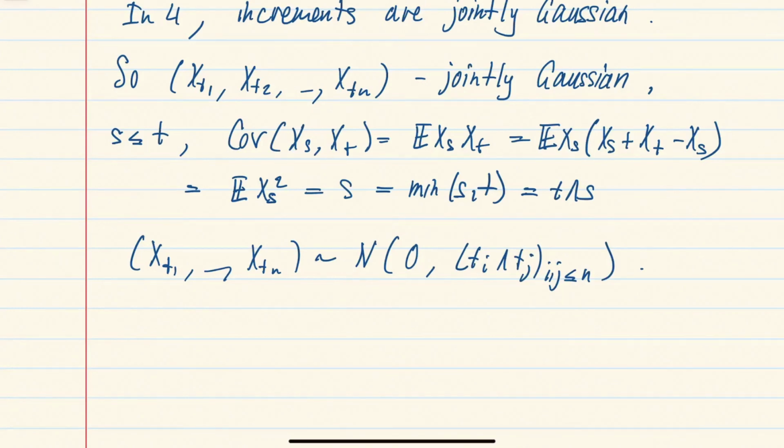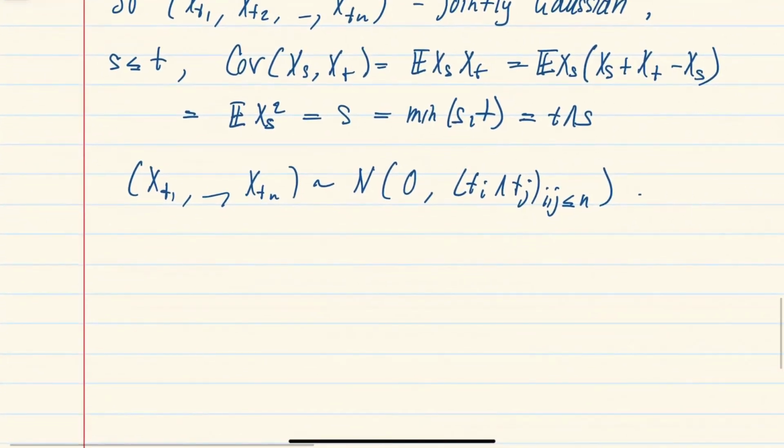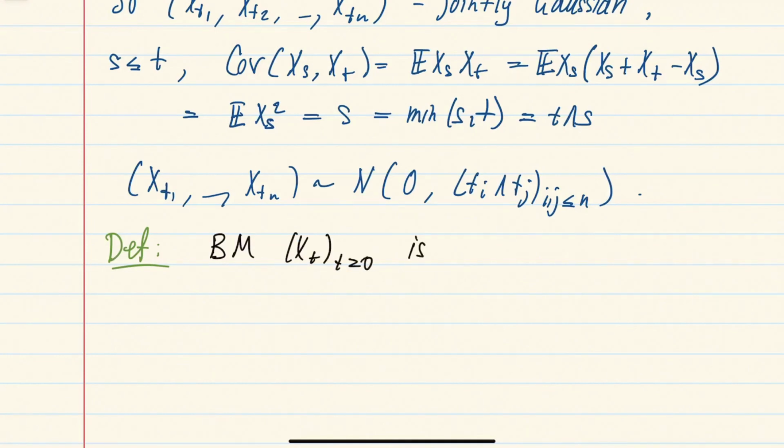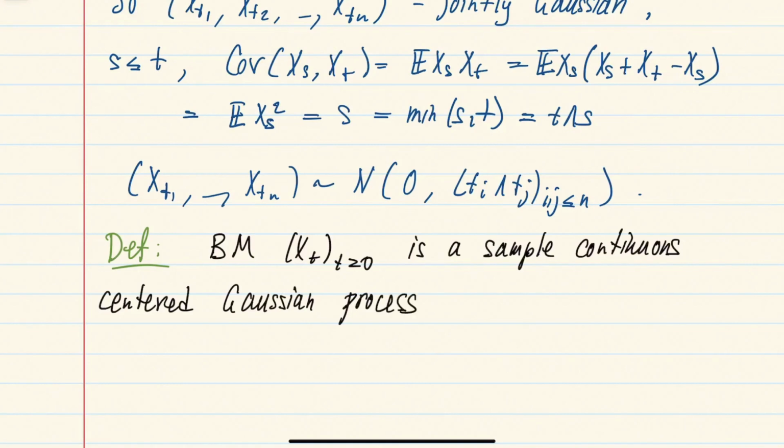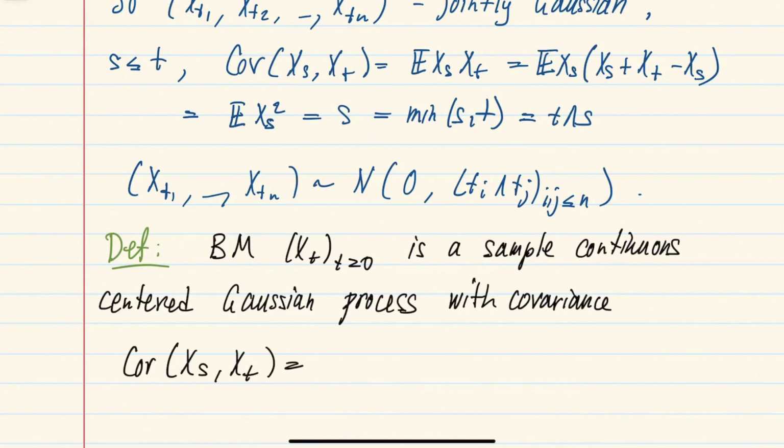And now you can give this short and dry definition of a Brownian motion if you like. So you can say that Brownian motion X_t for t greater than or equal to 0 is a sample continuous centered Gaussian process with covariance given by the minimum of s and t.